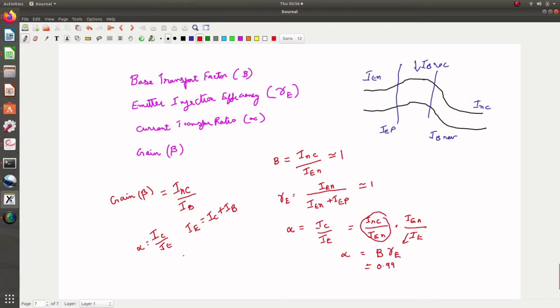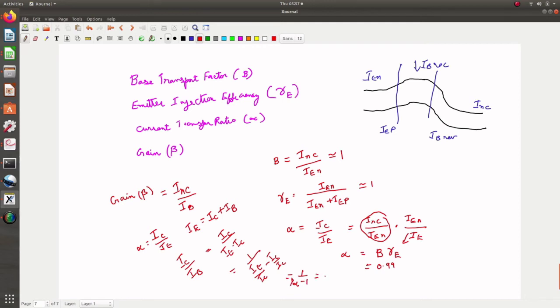Using this understanding, we can write IC by IB as IC by IE minus IC, which is equal to, by rearranging, we can write IE by IC minus IC by IC, which gives it as 1 by alpha minus 1.